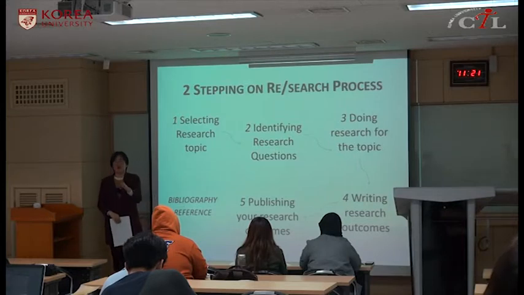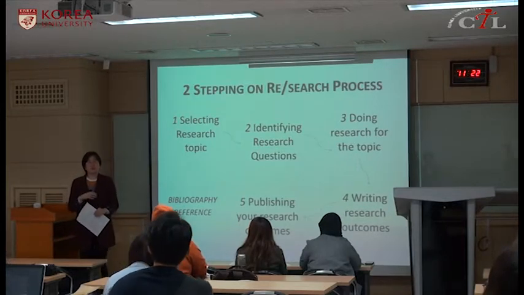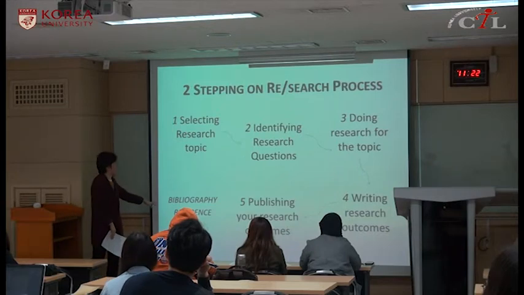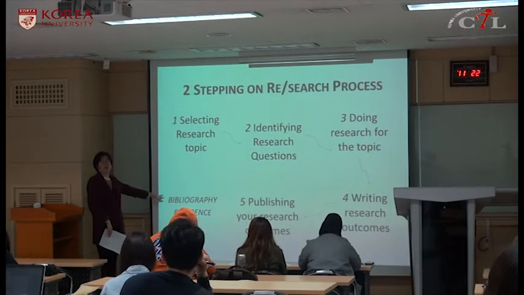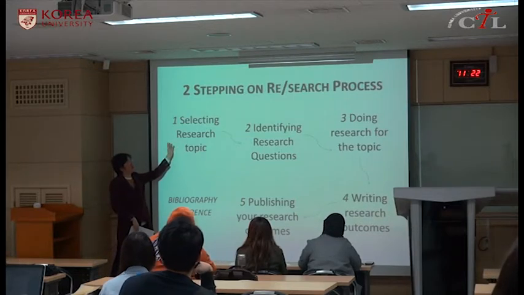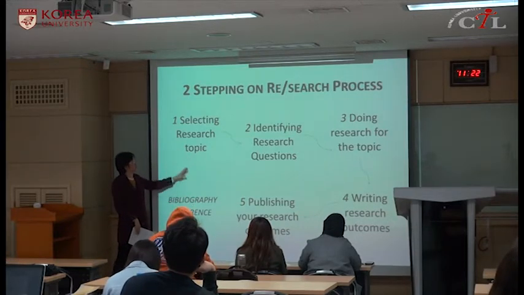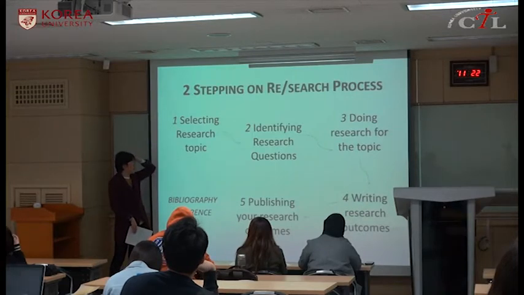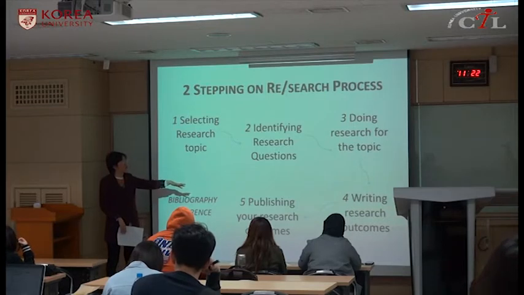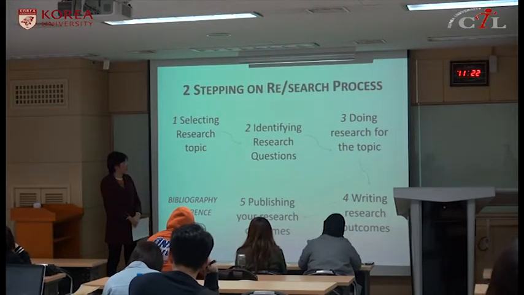And also when you write an article, research paper, or an essay, you probably have references to other persons' writing, right? And your writing also becomes a bibliography or reference to other people when they're going through this research process, like selecting a research topic and then identifying research questions and doing research for the topic and writing research outcomes and then publishing your research outcomes.